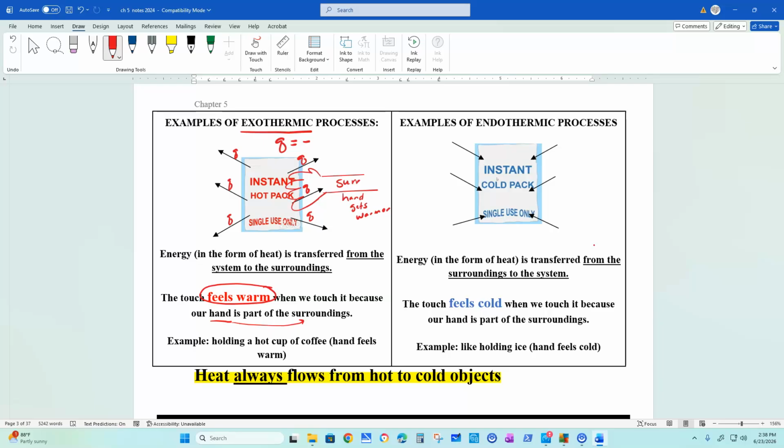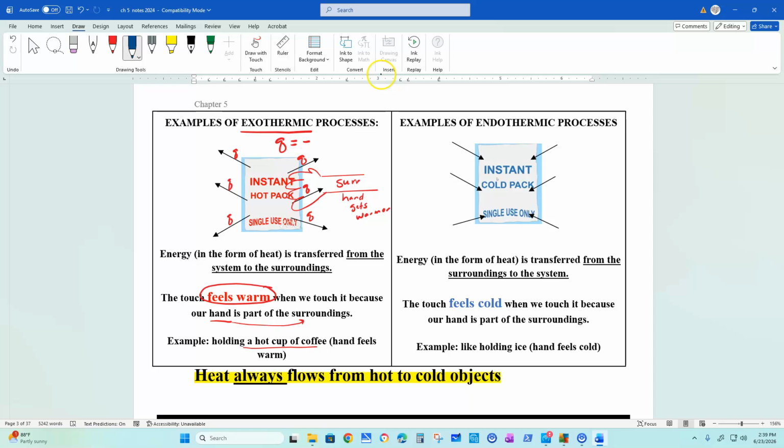Like when it's a cold day, we like to hold a cup of coffee because it makes our hands feel very warm. Sometimes doctors even tell us when we have sore muscles, we got to use hot and cold packs because maybe those muscles are too inflamed and you need to rotate the hot and the cold.